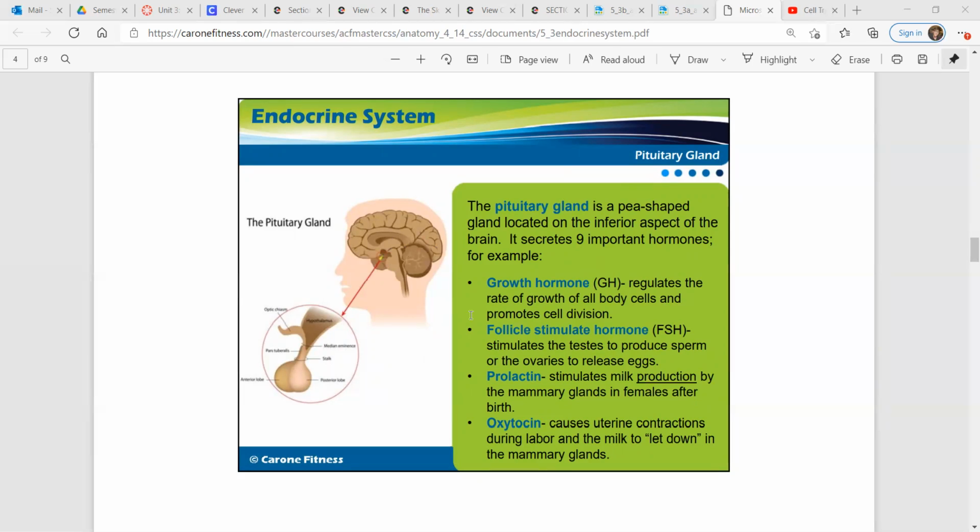We have follicle stimulating hormone, or FSH, and that hormone stimulates the testes to produce sperm or the ovaries to release eggs. Then there's prolactin that stimulates the production of milk by the mammary glands in females after birth. And then we have oxytocin that causes uterine contractions during labor and the milk to let down in the mammary glands.